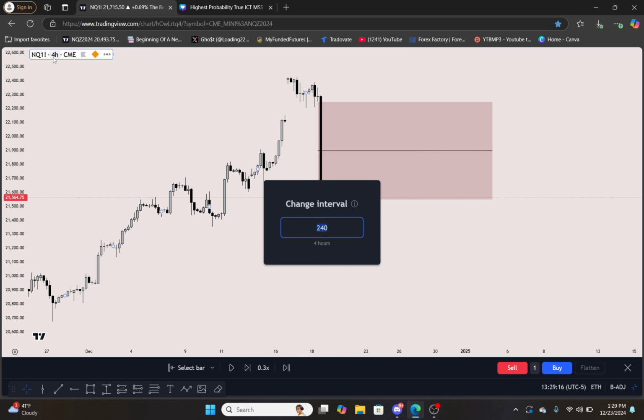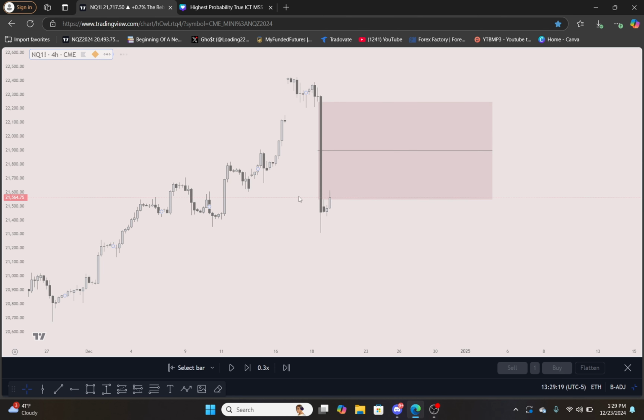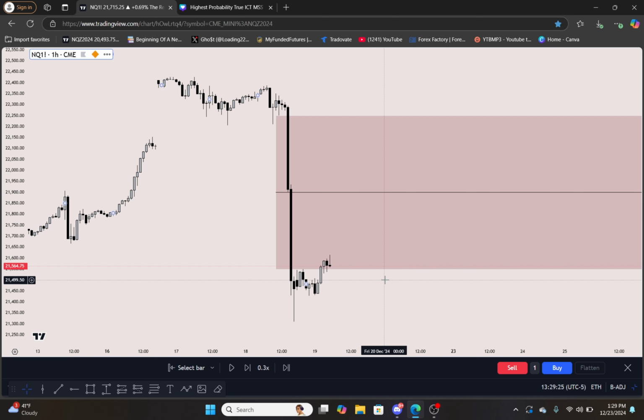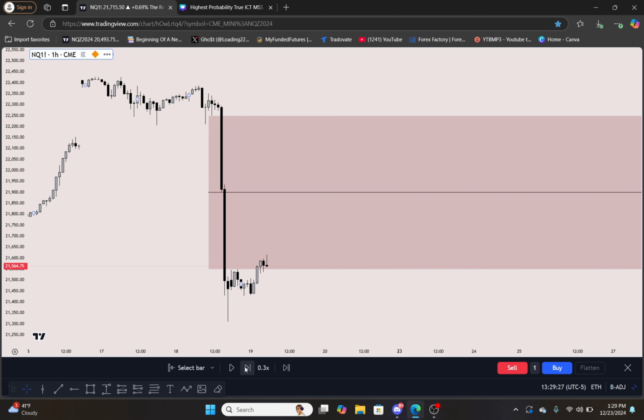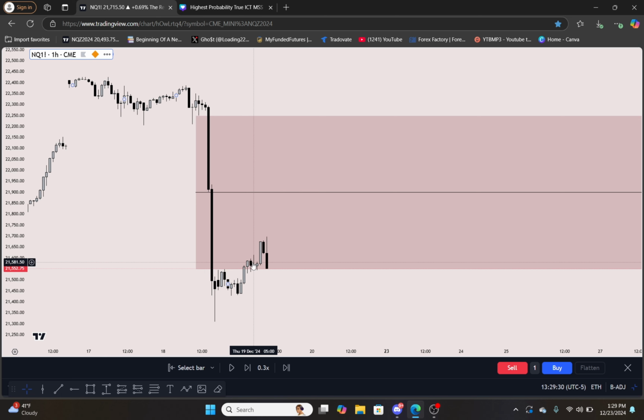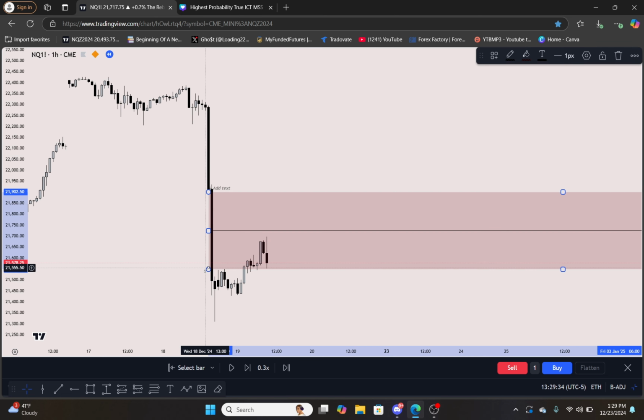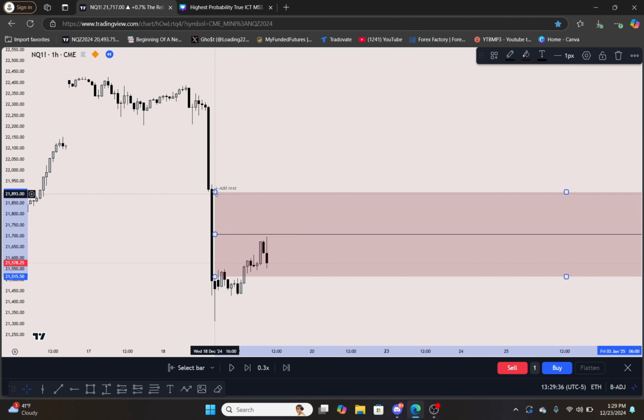Now we drop down into our 1-hour chart. I don't know why it's starting to go so slow and choppy, but now we'll see on our 1-hour chart, we can mark out the more intermediate 1-hour imbalance here.